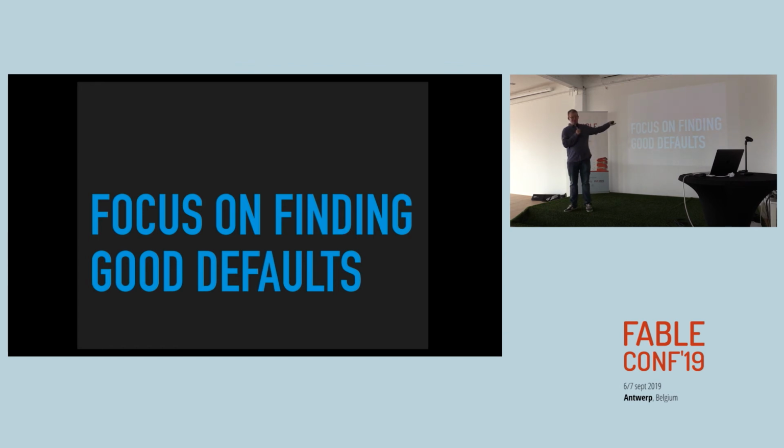Again, this is nothing to do with tooling itself. It's kind of like good advice. The more features you add, the more potential configuration you have, the more options you have. But by default, it needs to work pretty well for many users. So we need to focus on that.